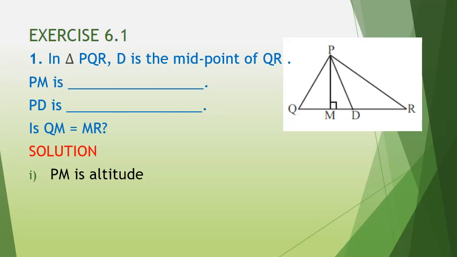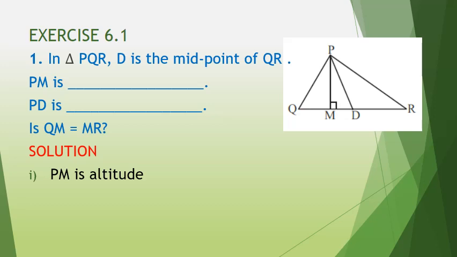Similarly, it is given that D is the midpoint of QR. D is the midpoint of QR means D divides the line segment QR into two equal parts, that is QD equal to DR. So we can answer our first question.